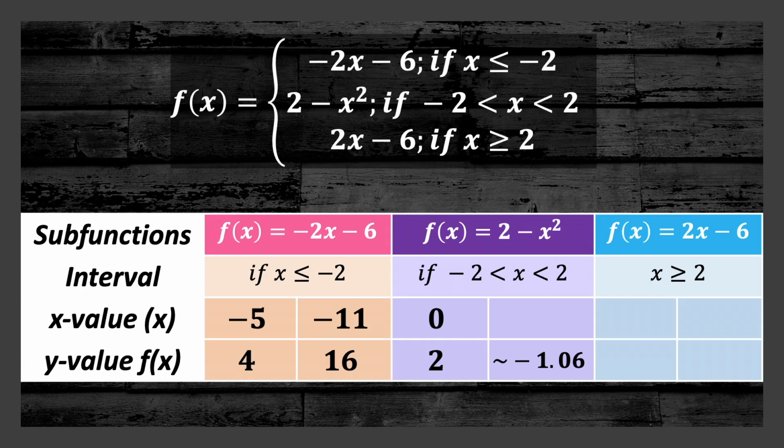Approximately negative 1.06 corresponds to 1.75. Then, the y value of positive 2 is negative 2. Finally, positive 14 is the output of the input positive 10.